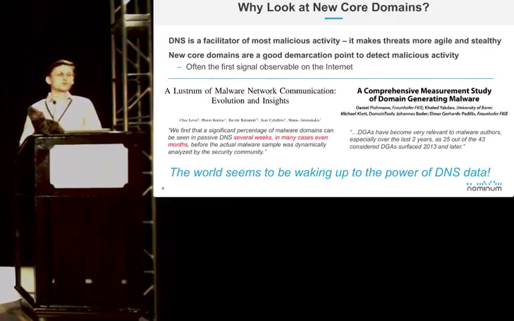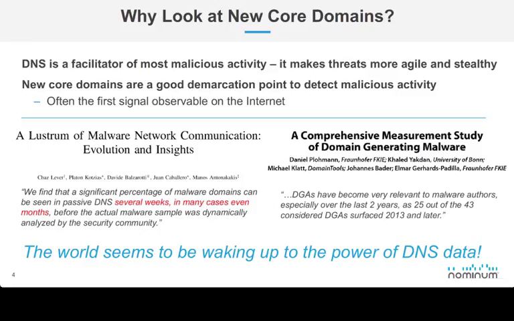Why are new core domains very useful? One would assume that new registrations would suffice. Our philosophy on new core domains is that it's a lot more than just newly registered domains. As the previous speaker mentioned, and we also do a lot of DGA work, core domains are used for command and control communication. Most of these, for example for botnets, are not resolved and not registered.